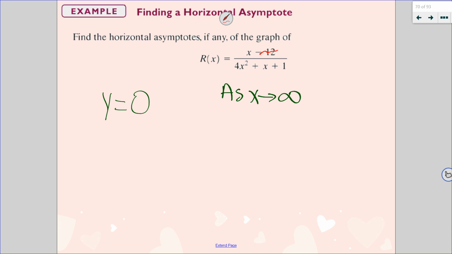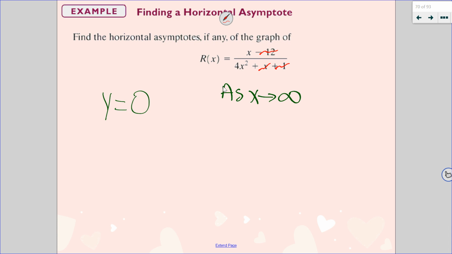This becomes negligible. Now look at the denominator. We have 4x squared plus x plus 1. What becomes negligible in the denominator? The 1. Anything else? Actually, the x also becomes negligible, because once you start to square things, they become absolutely huge compared to things you don't square.